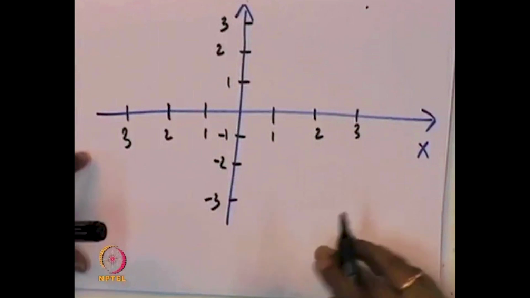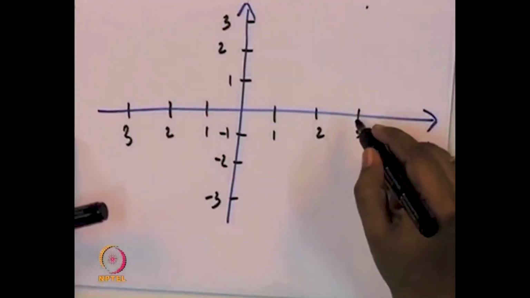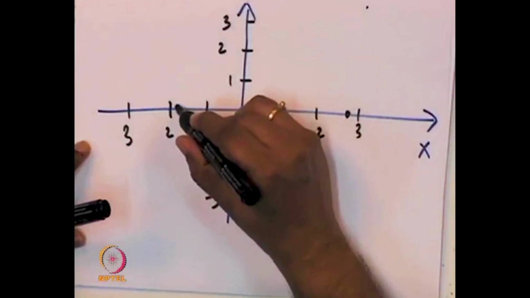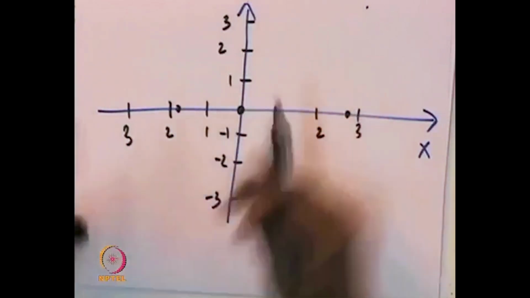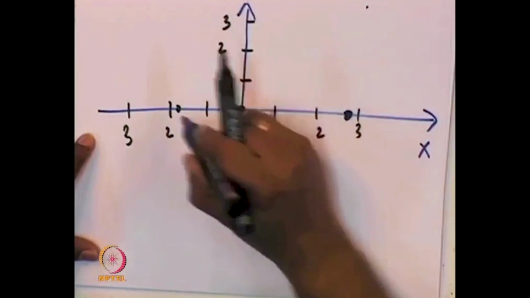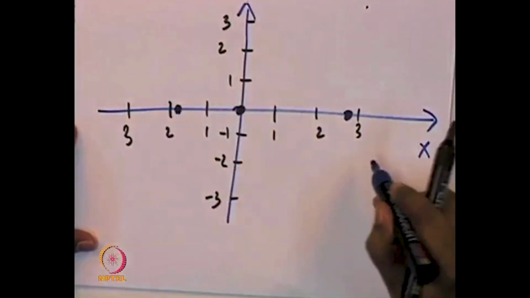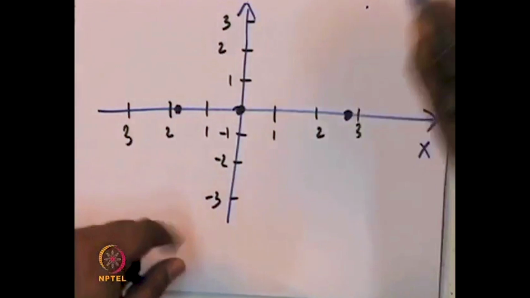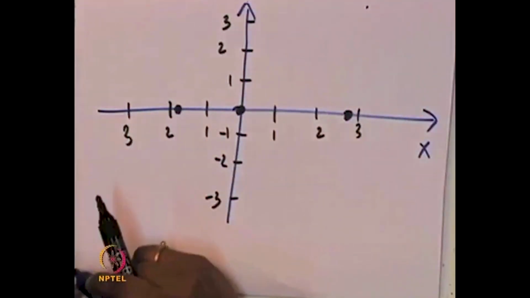We know that at plus or minus square root of 3 the function is 0, so somewhere here and somewhere here the function is 0. Here is also a function 0. So, these are the 3 points where the function is 0. And as it goes far away, it should go to infinities.